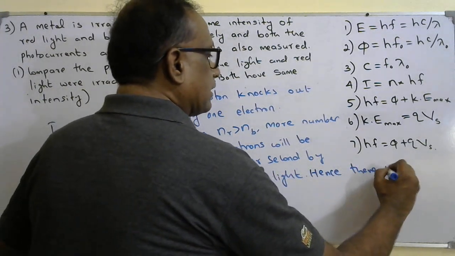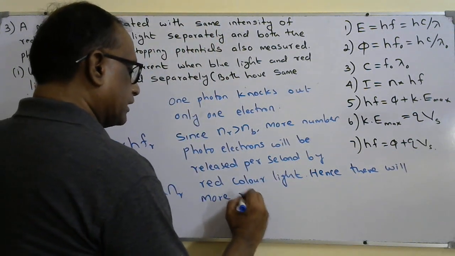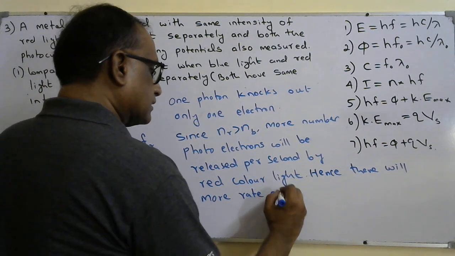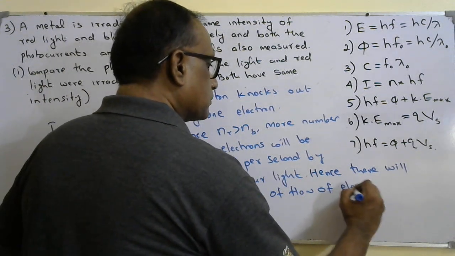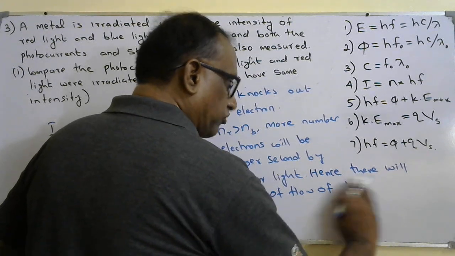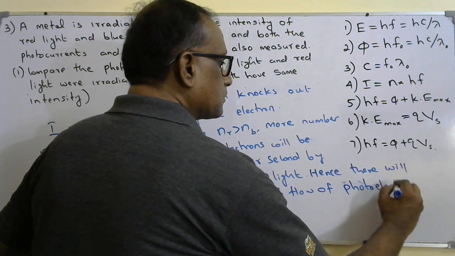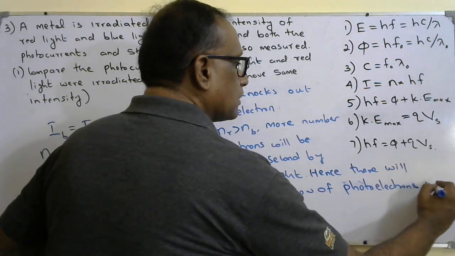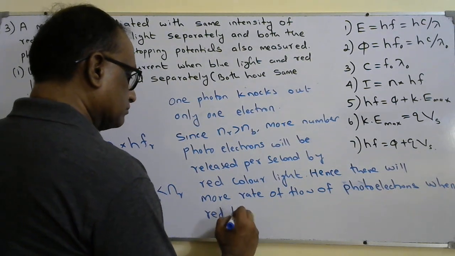Hence there will be more rate of flow of photoelectrons when red light is irradiated.